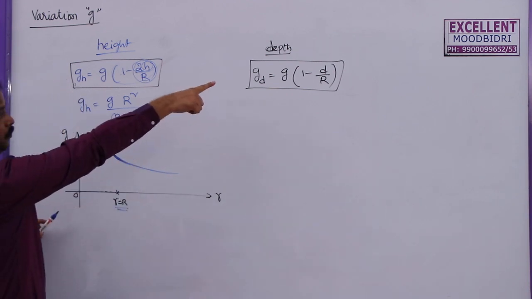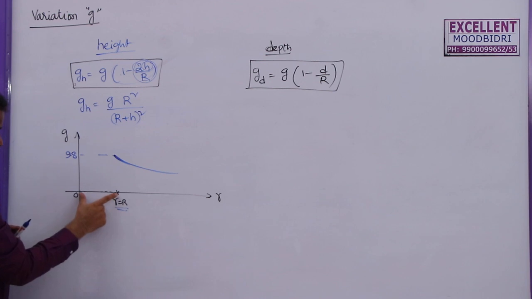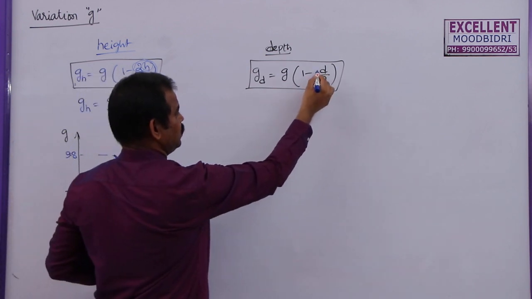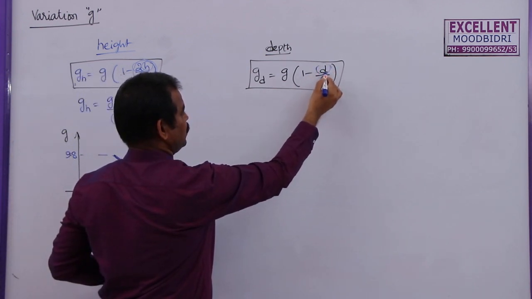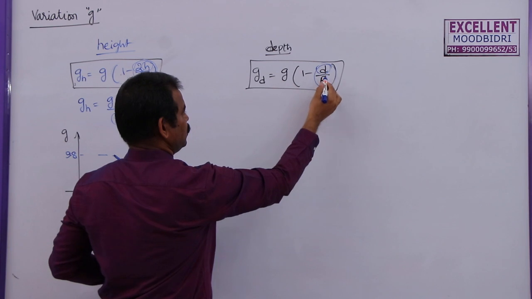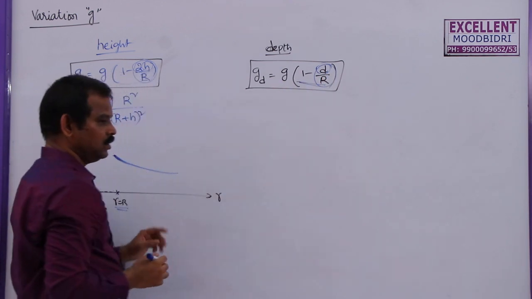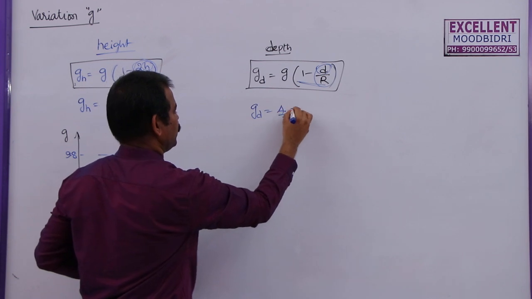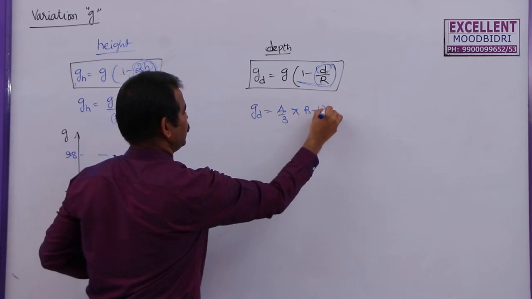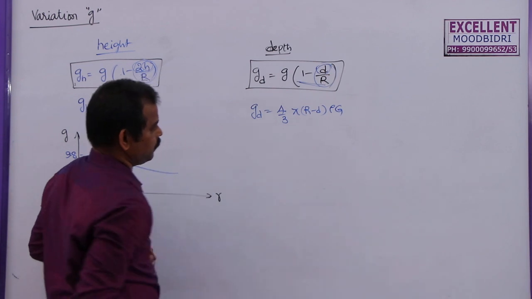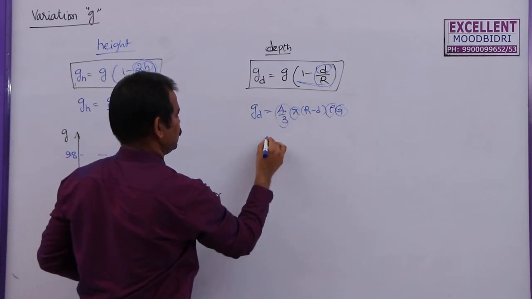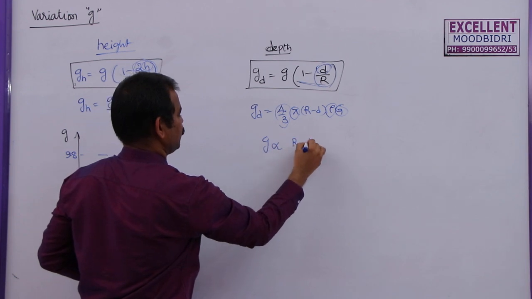Now if you take within the radius, that means from the center of earth to the surface, we have the formula g_d is equal to g of 1 minus d by R. Here it is gradually decreasing. If d increases, this value increases and g decreases. And we know one more formula for this: g_d is equal to 4 by 3 pi (R minus d) rho G, where everything else is constant. So g_d is directly proportional to R minus d.